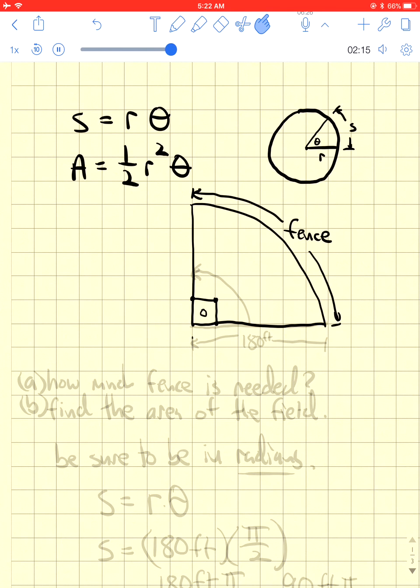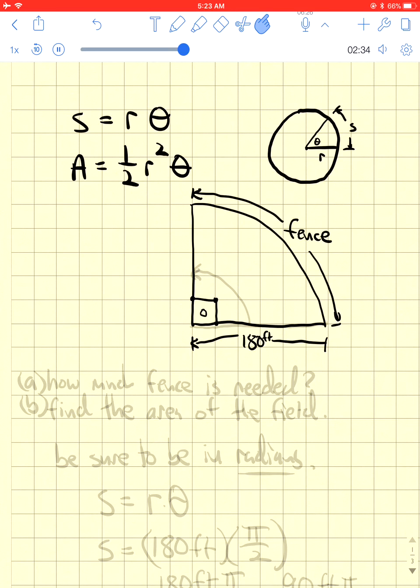And this distance from home plate to the very edge of the outfield is known as 180 feet. Okay? So, two questions.